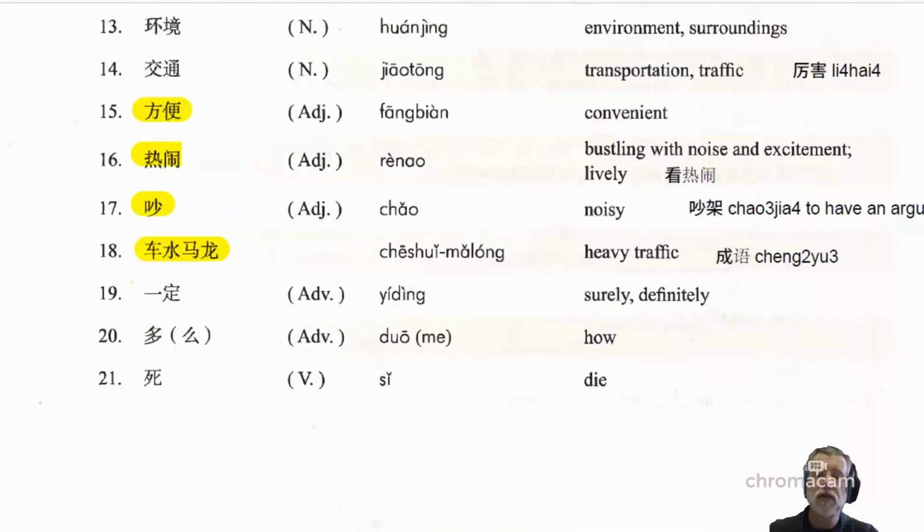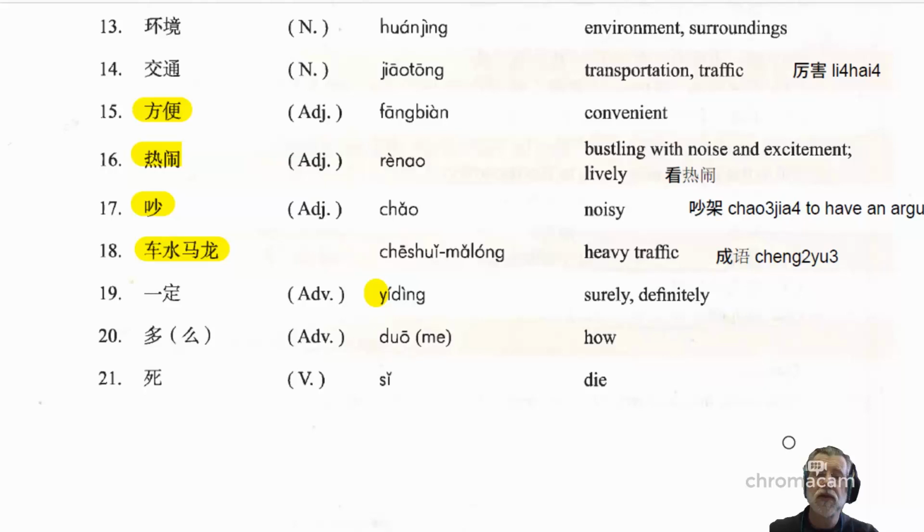So the next expression is surely or definitely. And in Chinese that is 一定. 一定. So just notice here with the 一, because it's followed by 定, which is fourth tone, the 一 becomes 一, second tone.